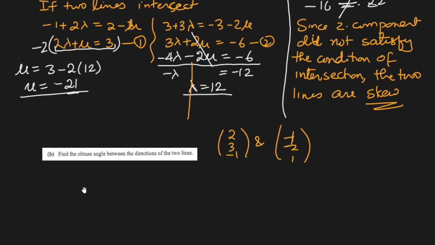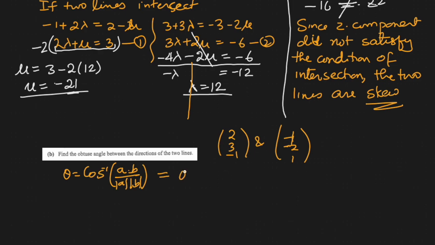Okay, so the formula for the angle is theta equal to cos inverse of A dot B over absolute A absolute B, which means the dot product of the two vectors.